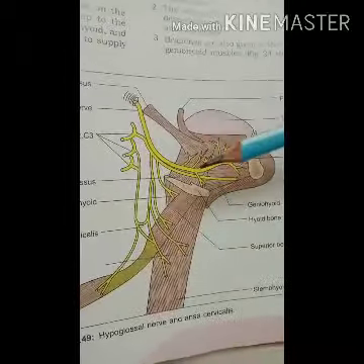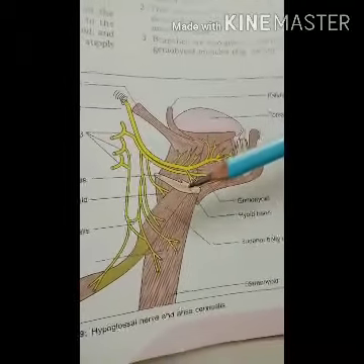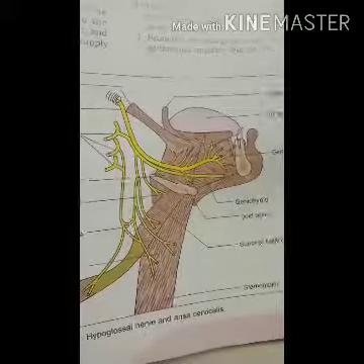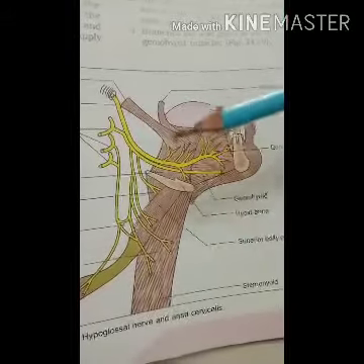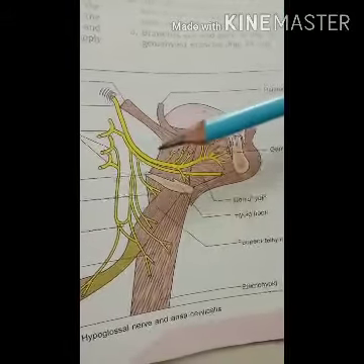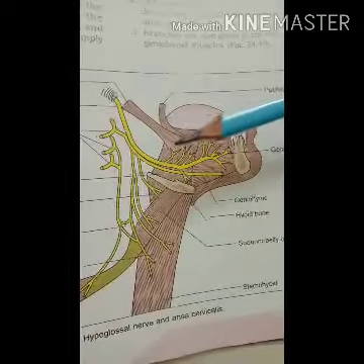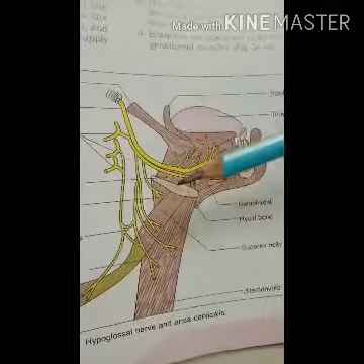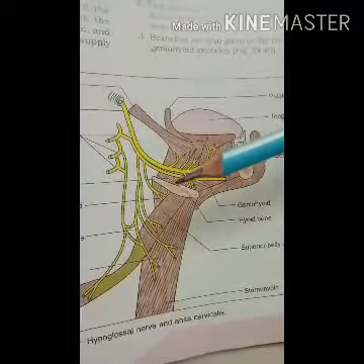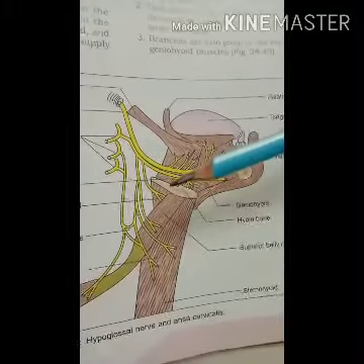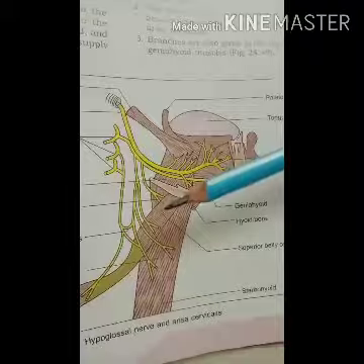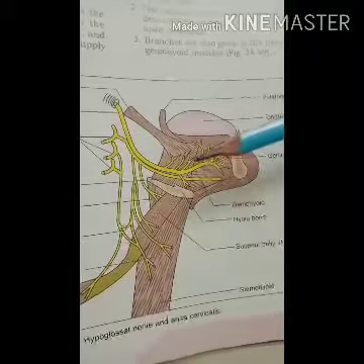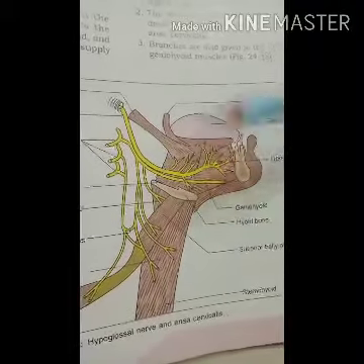The next clinical point is the clinical testing of the hypoglossal nerve. The patient is asked to protrude the tongue, and if the hypoglossal nerves of both sides are intact, the tongue protrudes in the midline. But if the hypoglossal nerve is paralyzed or damaged on one side, the tongue deviates to the side of the lesion.